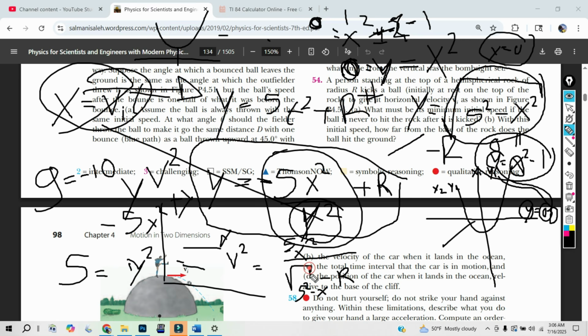Hell yeah. So if this is a y equals x equation, maybe I do just want to graph this and see. All right, we're going to try that. So this is 5x squared divided by the equation of a circle minus r.